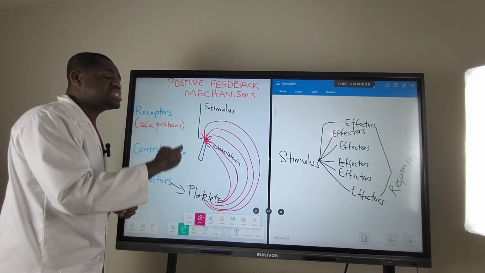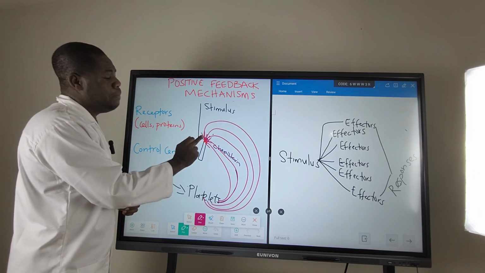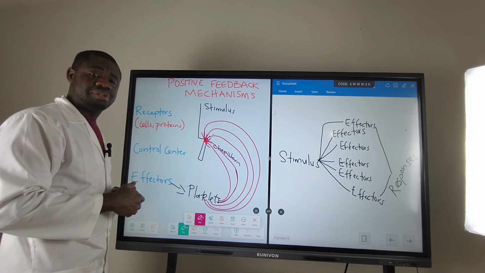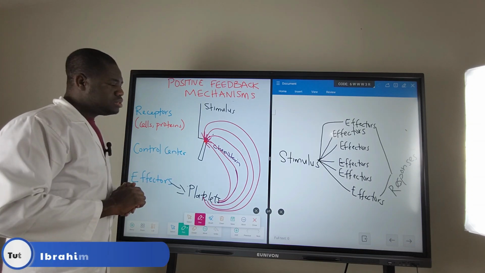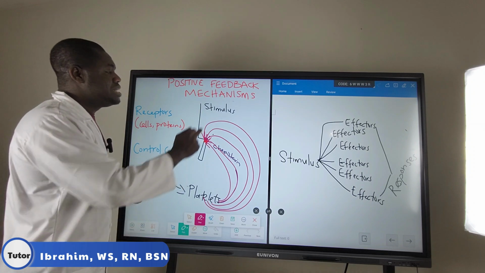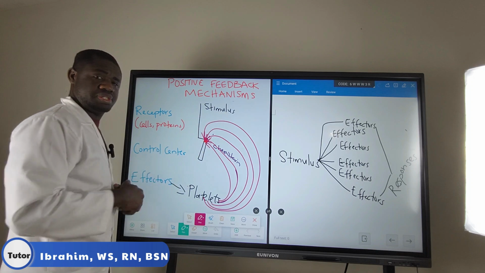So this process will continue until the blood vessel is repaired, until the bleeding stops.